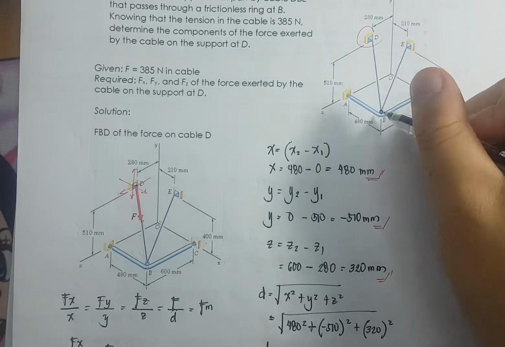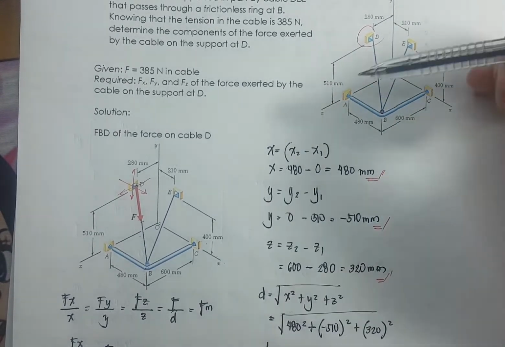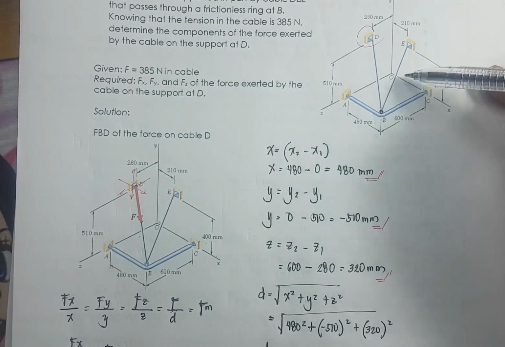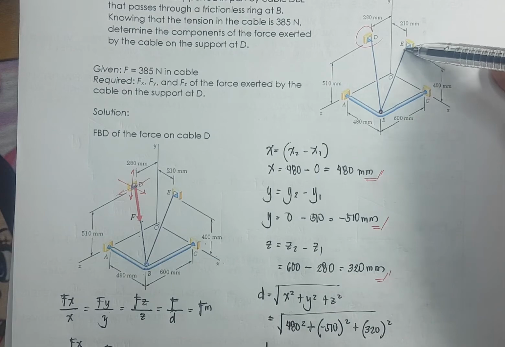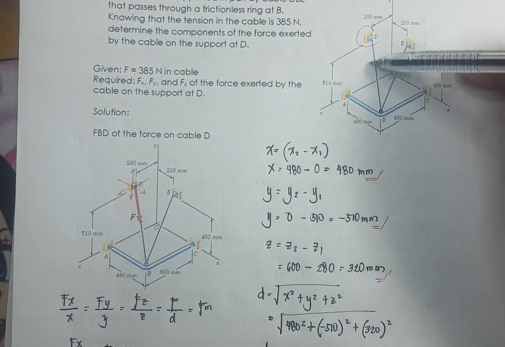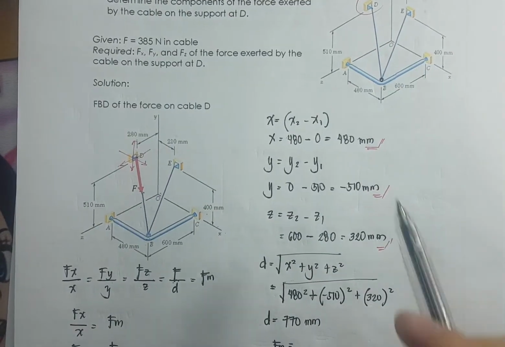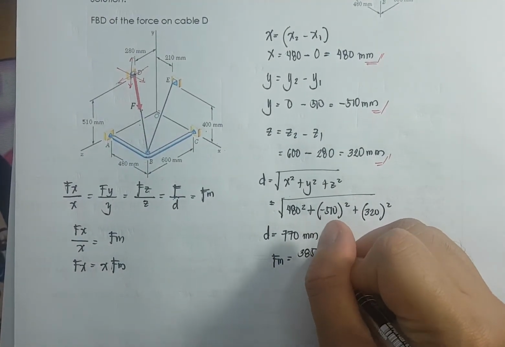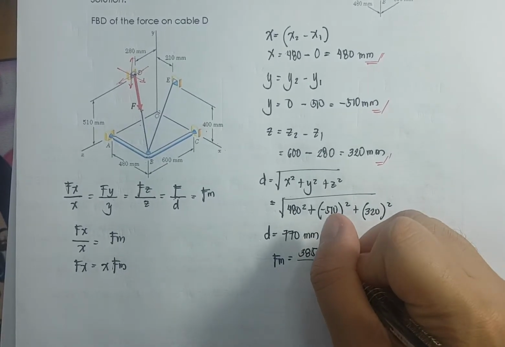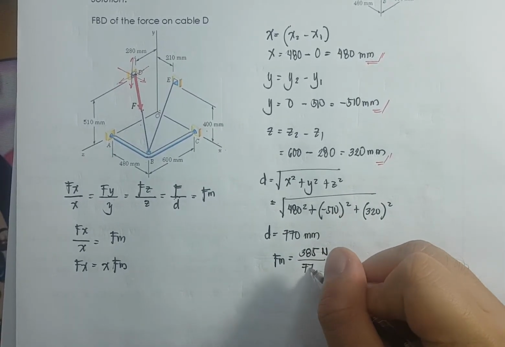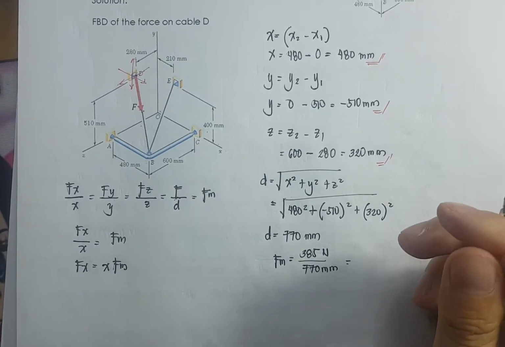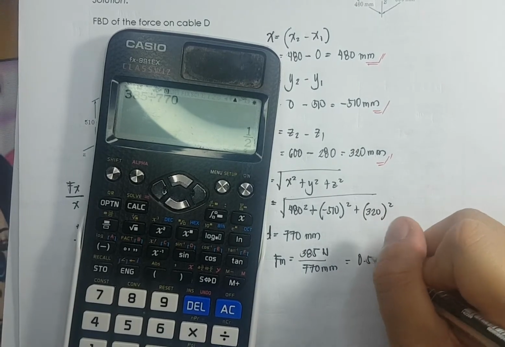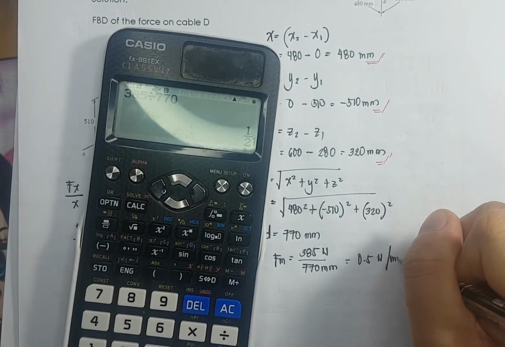Since it is a frictionless pulley, the tensile force at this side is also equivalent to the tensile force at the other side. So it is equivalent all throughout. Therefore our force is 385 newtons, divided by 770 mm, and that is equivalent to 0.5 Newton per mm.